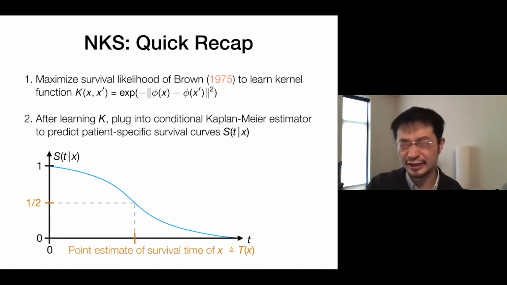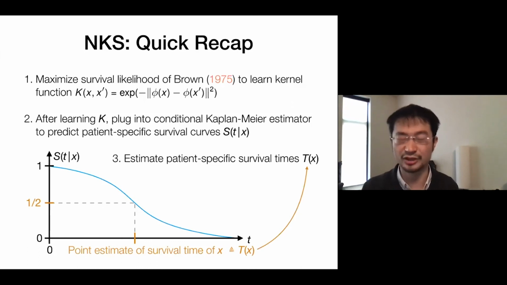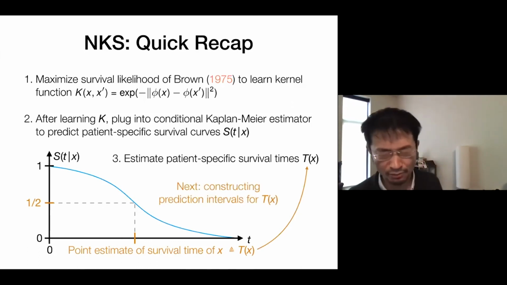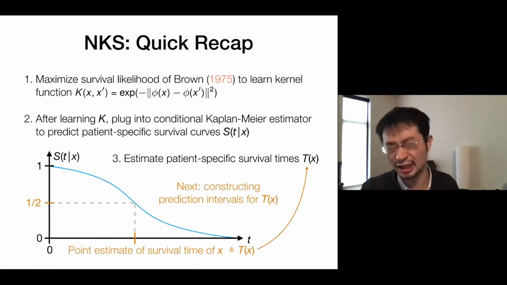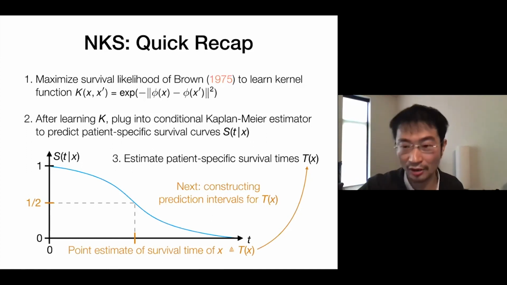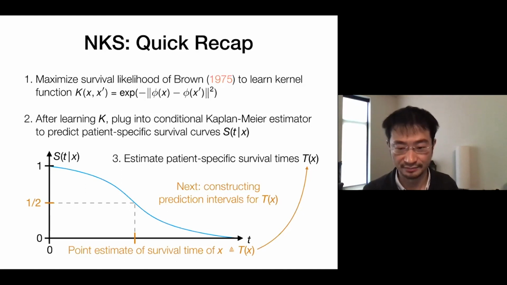And for any of these patient-specific survival curves, we can then compute patient-specific survival times, these point estimates. Okay? And the next part of the talk will be on how to construct prediction intervals. So basically gauge uncertainty or get the error bars on these T of X's.